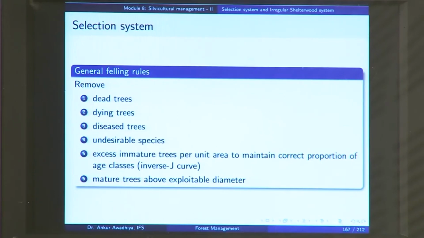To understand that, we will have to go back to why we want to manage this forest. Remember that one silvicultural objective of managing a forest in the selection system is that you should be able to harvest and get your timber out of this forest in perpetuity.